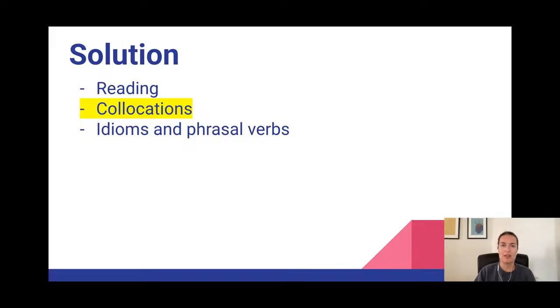So when you're reading, whenever you see a group of words that just sounds natural, like the phrase incredibly interesting, these two words just sound natural together. Highlight them, write them down. So instead of focusing on individual words, focus on groups of words and highlight those groups and write them down in a notebook. It really helps.